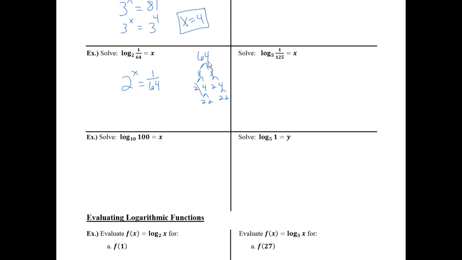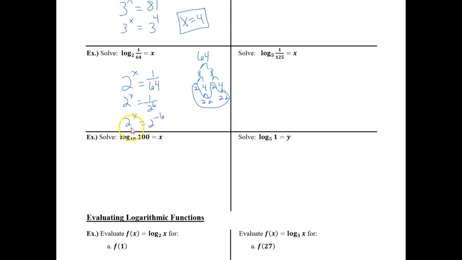So now I have 1, 2, 3, 4, 5, 6 2's. So this is the same thing as 1 over 2 to the 6th. And then to get it out of that denominator, I can write it as 2 to the negative 6th power. Right? Take the reciprocal, but that makes it a negative exponent.